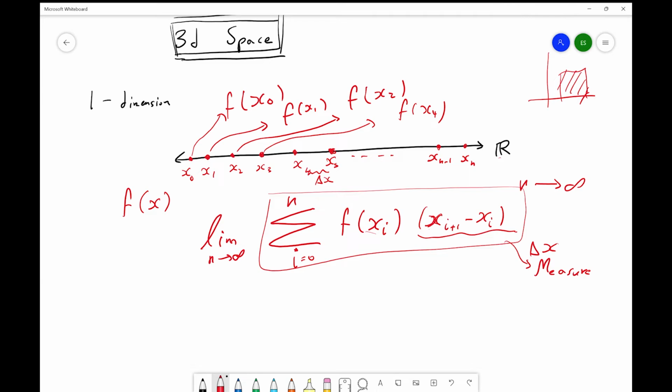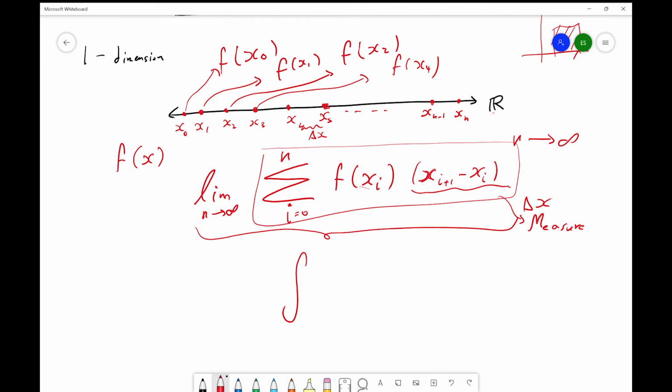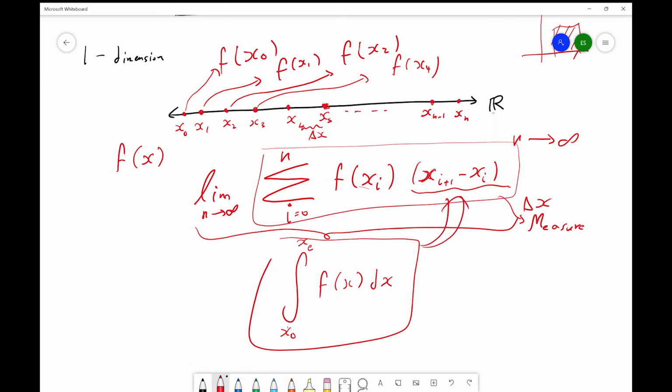This we designate with this symbol, an elongated S for sum. This is integration, and you're integrating from x0 to xn, f of x dx. This essentially symbolizes what's happening here. Okay, this is analysis.